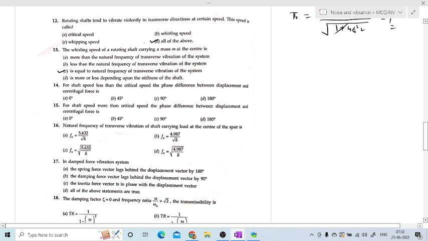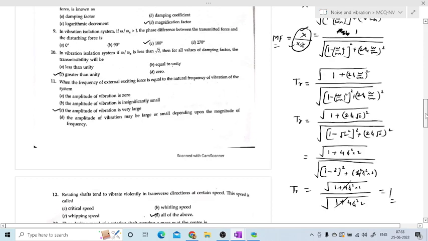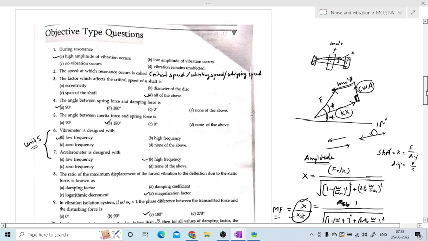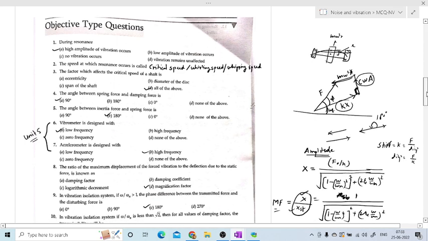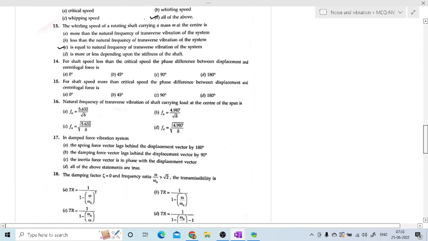And they have asked between displacement and centrifugal force. So for that you will have to remember that displacement and centrifugal force have an angle, meaning a phase difference, of 0.